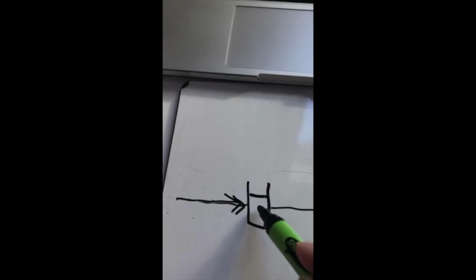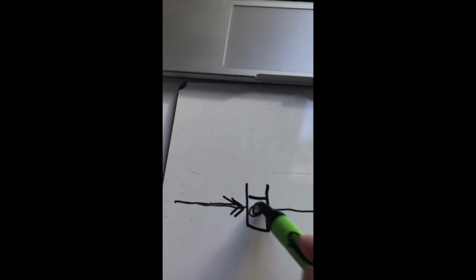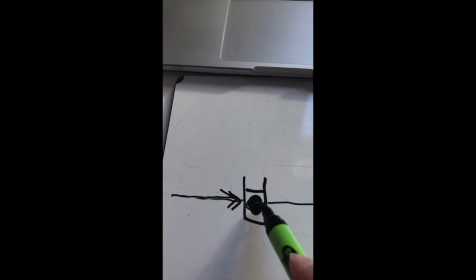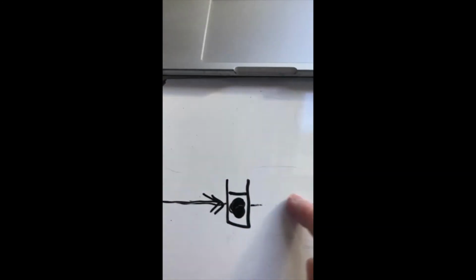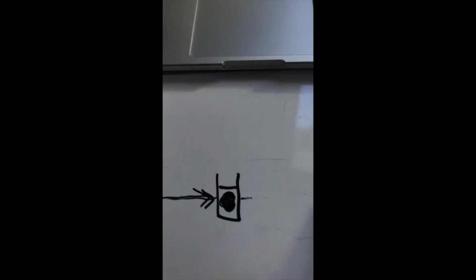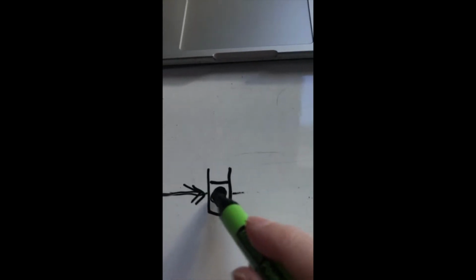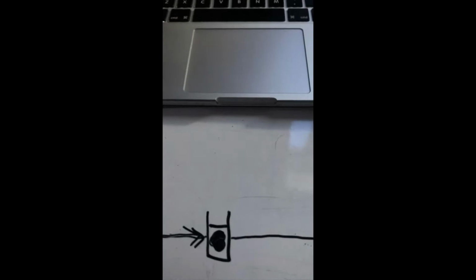And if there's something in here that absorbs that particular frequency, then you'll get less of it coming through here, and you won't get any detected over here. If it's not absorbed, then it will go straight through and be detected. Does that make sense?